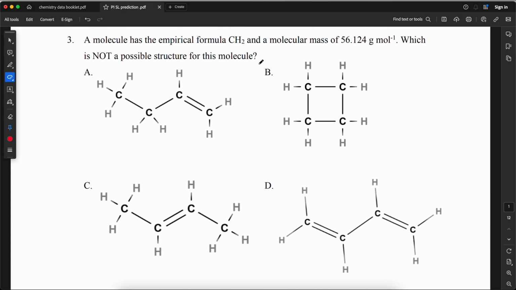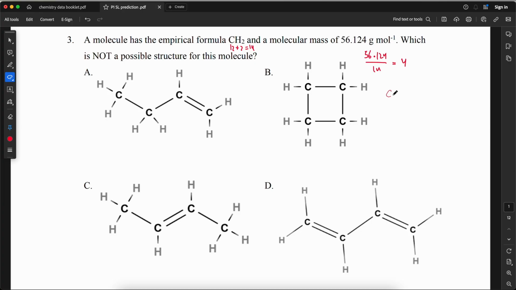A molecule has the empirical formula CH2, so this is 12 plus 2, which is 14, and a molecular mass of 56.124 gram per mole, which is not possible structure for this molecule. So we need to find the molecular mass, so 56.124 divided by 14, so you get 4.